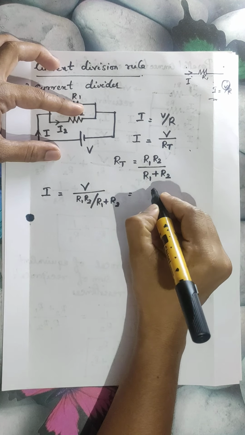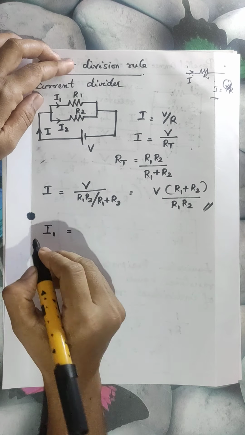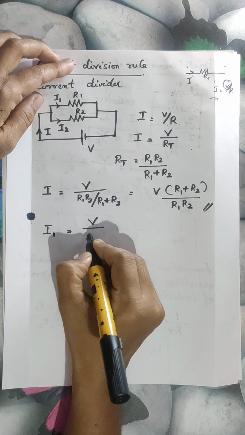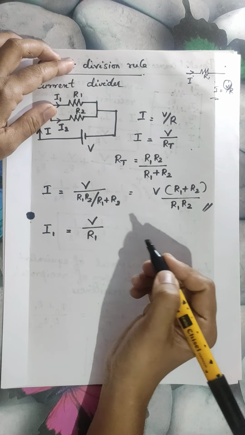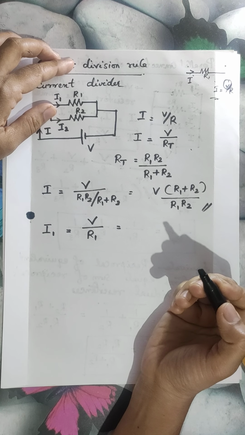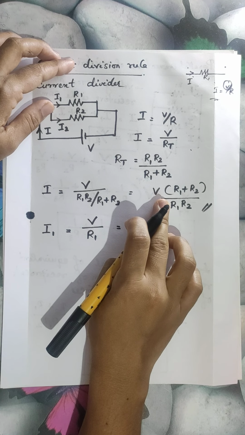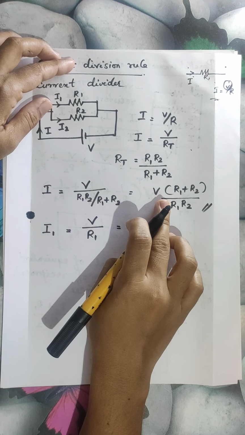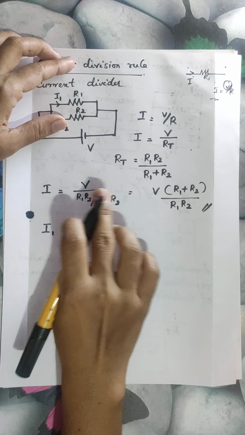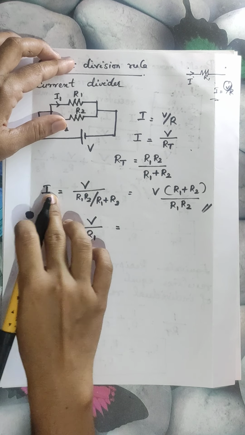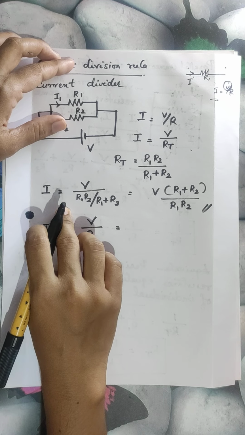Okay. So now we have to calculate I1. So I1 is equal to voltage across R1 divided by the resistance R1, that is V divided by R1. Which is equal to, what is the value of V here? We'll get the value of V from this equation. What is V? V is I into R1 R2 divided by R1 plus R2.